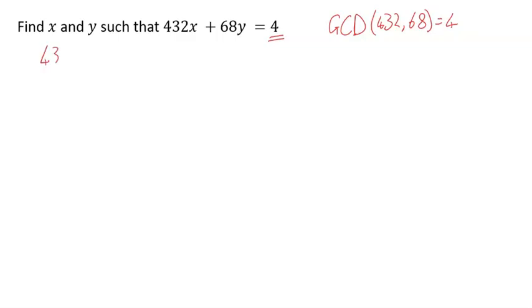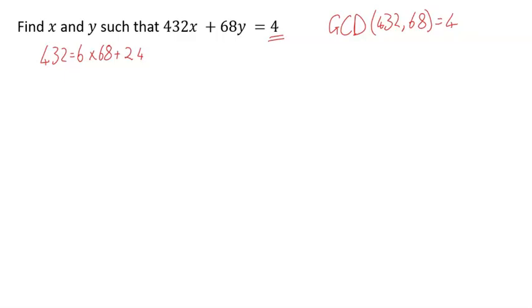So I'm going to say, fine, 432 equals something times 68 plus a remainder. It's a slightly different calculation to think about, but that can be given by 6 times 68 plus a remainder of 24. So I've written it in the format we want from the division algorithm.